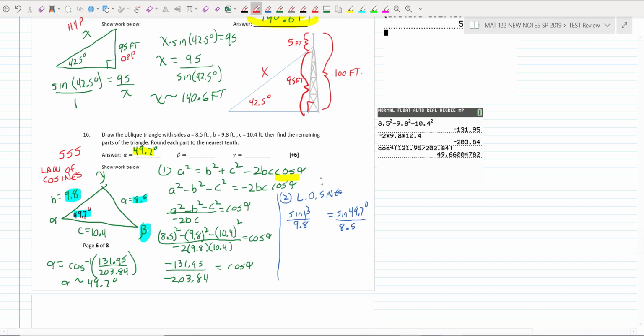Then you can just multiply both sides by 9.8. You can do this in your head if you want to. So we would get sine of beta is equal to 9.8 sine 49.7 divided by 8.5. Okay, so I'll get the decimals on this using my calculator.